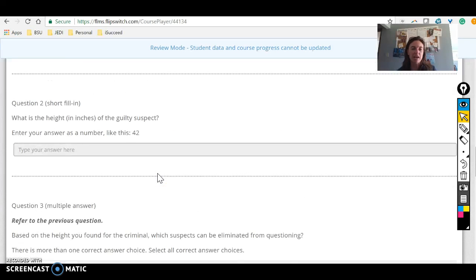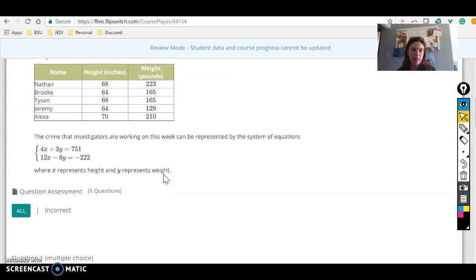So if we go back up here to look at our equations, if I wanted to eliminate x instead of y, which is totally fine, I would go ahead and multiply this first equation by a -3. Because when I do that, I'll get a -12 here.